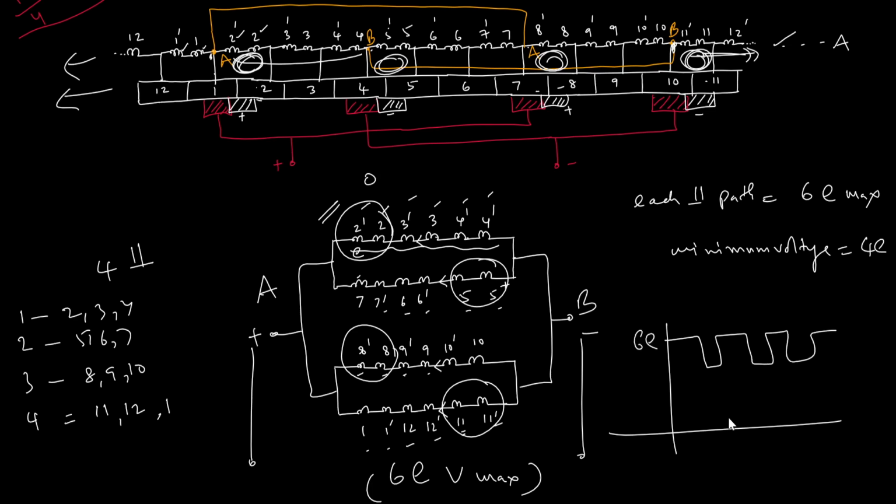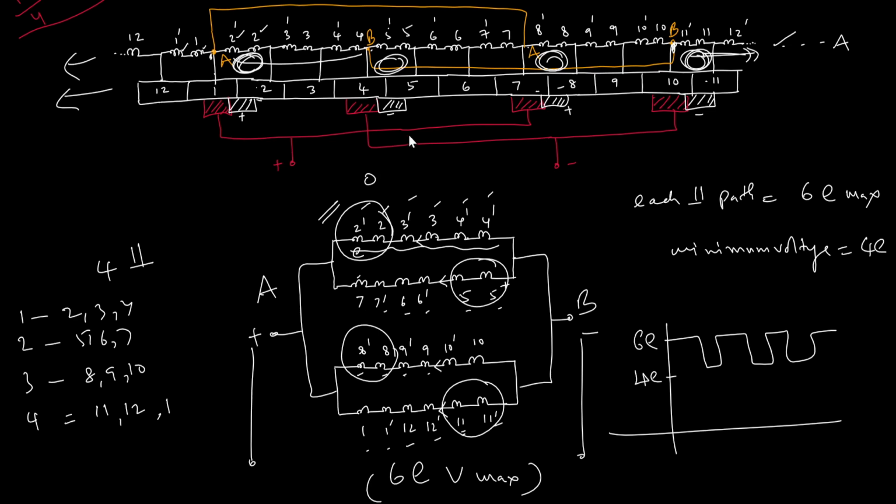This is what the EMF induced in the total armature circuit will be. The EMF is the same as the progressive winding, and the only thing is that the coils in the parallel paths will be different.